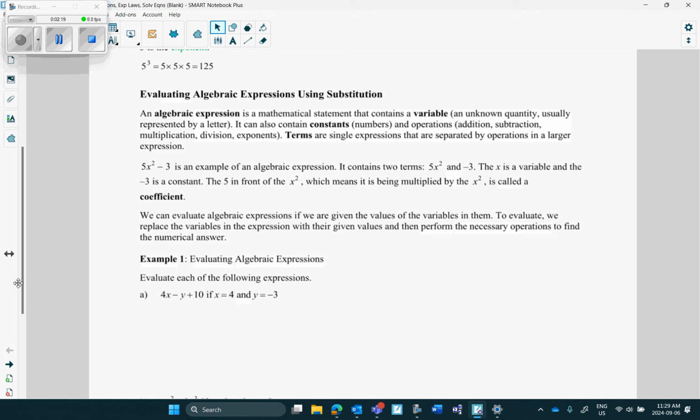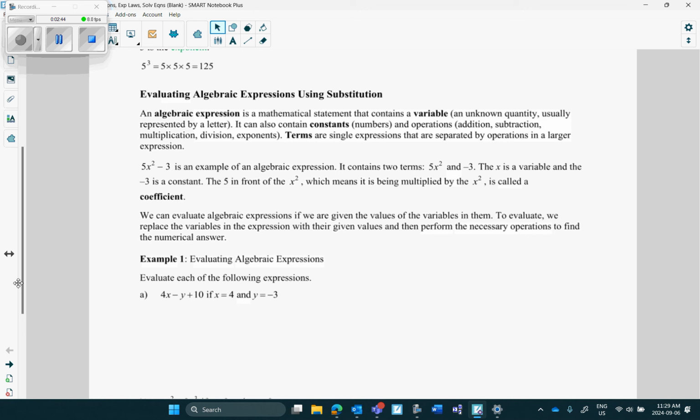So, for example, this is an algebraic expression that has numbers in it, constants. It's got a variable, it's got an exponent, it's got a subtraction. It's actually got a multiplication in it too because we've got the 5 and the x beside each other. So there's one subtraction sign, which means there's 2 terms.